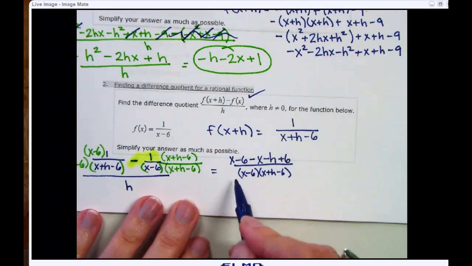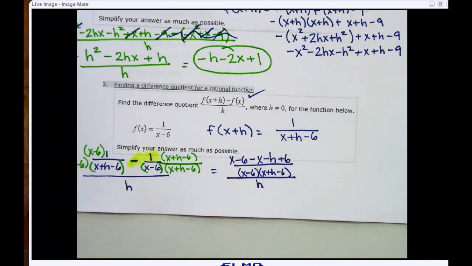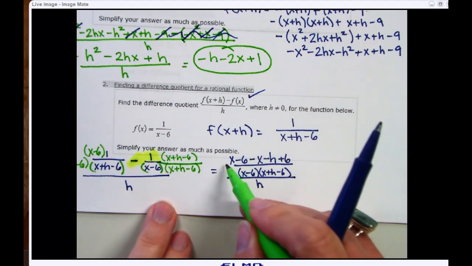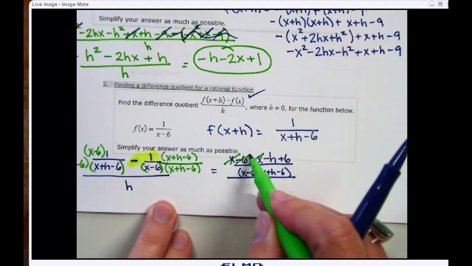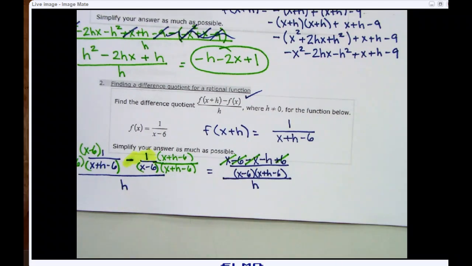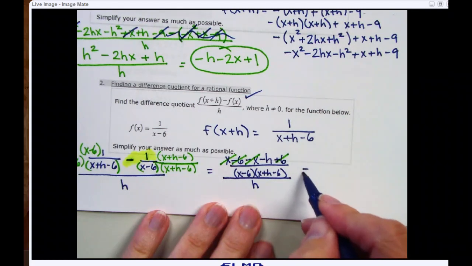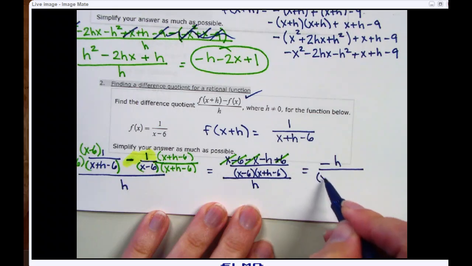And this is all over h. Did you see anything as we were writing that down? That goes away. That goes away. And now we have negative h over this fun stuff.